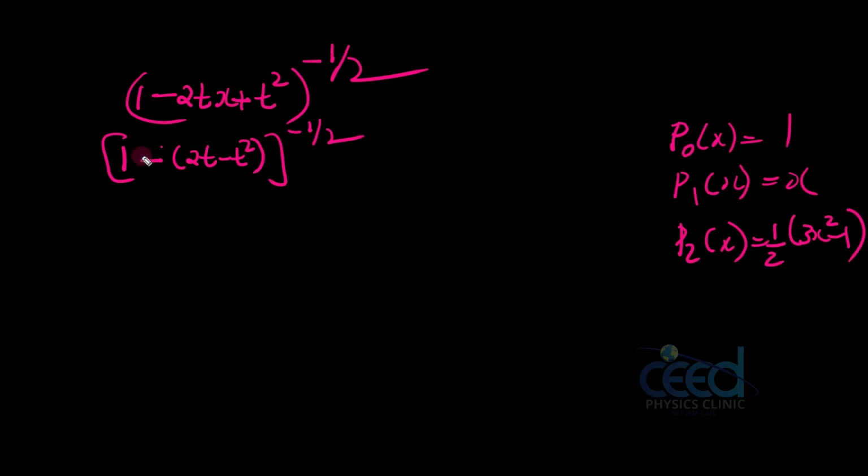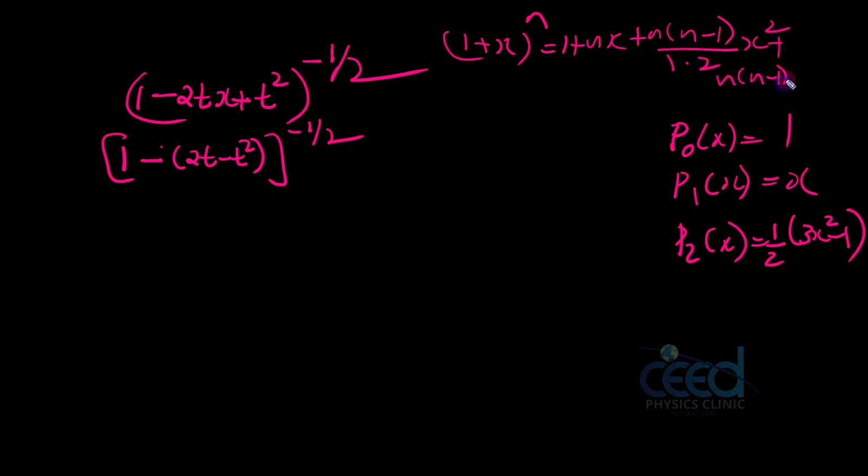So this I can expand using the formula 1 plus x whole raised to n is equal to 1 plus nx plus n into n minus 1 by 1 into 2 into x square plus n into n minus 1 into n minus 2 by 1 into 2 into 3 into x cube, and so on. This way we can expand this.